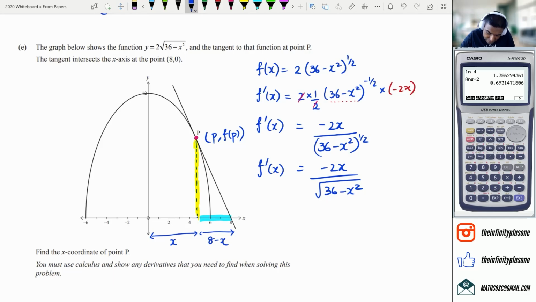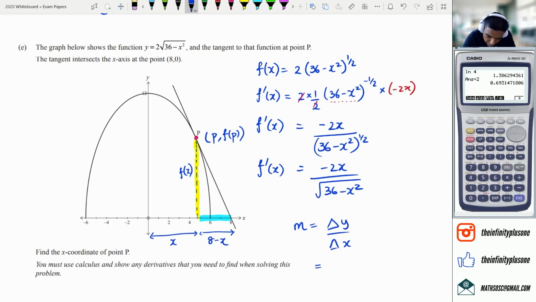Then the second part is, if the yellow part is the height or change in y, we know the yellow part is the same thing as saying f of x. So in other words, the gradient m equals change in y over change in x.